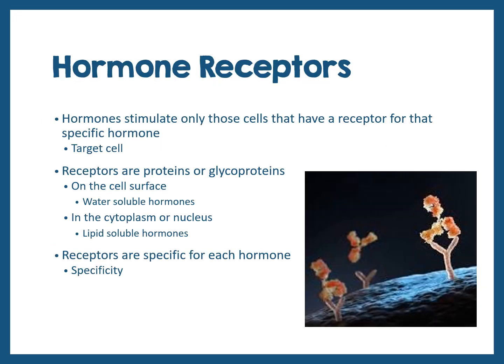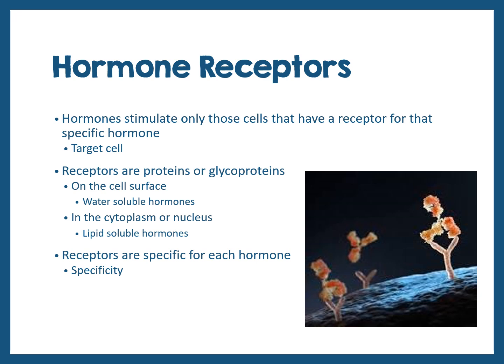Hormones will only stimulate those cells that have receptors for that specific hormone. If the cell does not have a receptor, it will not respond to that hormone. Receptors can be in two locations. If it is a water-soluble hormone, that receptor can be a protein or a glycoprotein.